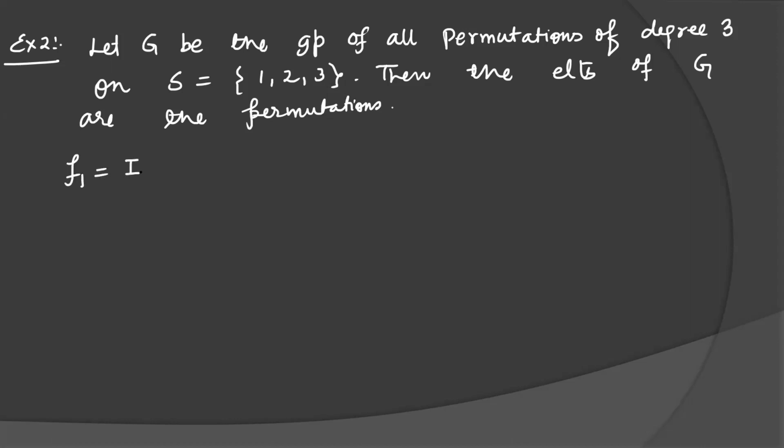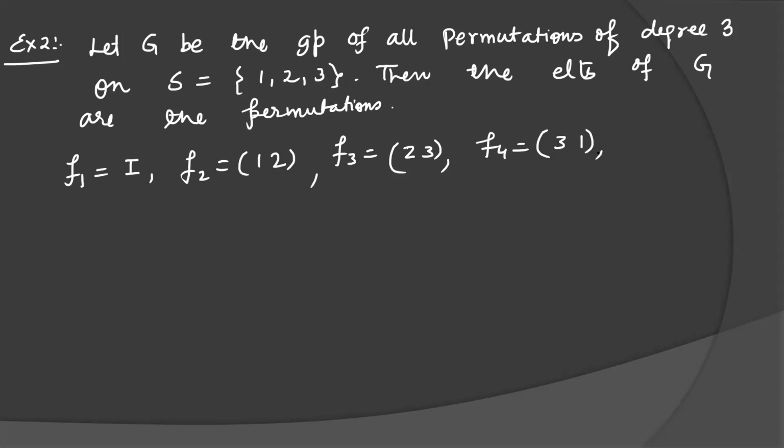F1 is actually the identity. 1 is mapped with 1, 2 is mapped with 2, 3 is mapped with 3. F2 is 1 mapped with 2 and 3 mapped to 3. F3 is, so 3 maps with 3, we can skip that. 1 is mapped with 1, 2 is mapped with 3. F4, 1 is mapped with 3, 3 is mapped with 1 and 2 is mapped with 2.